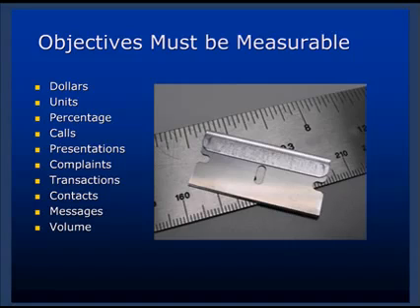Calls, presentations, complaints, transactions, contacts, messages, volume. There are many ways to measure the non-dollar specific portions of the plan. Without measurement, you won't be able to track and manage implementation, which is what the plan is really about.